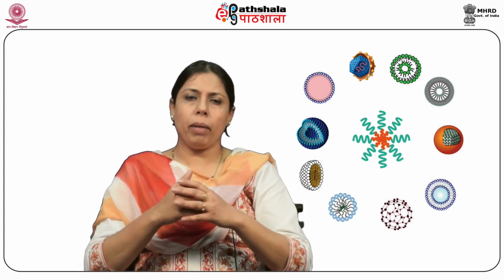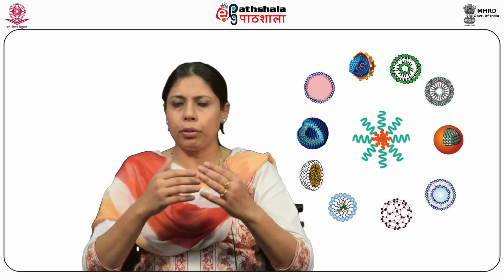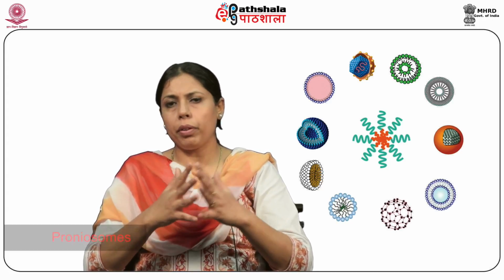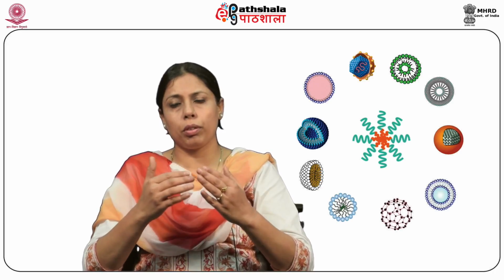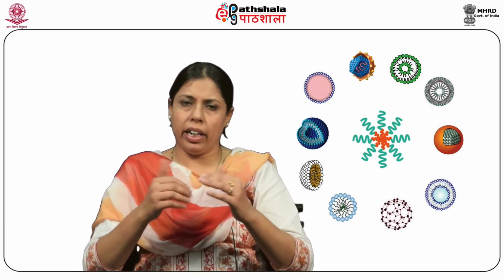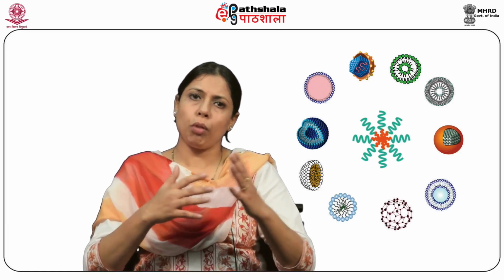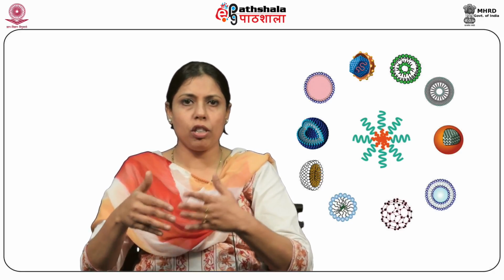Another novel method which is used to make neosomes is the proneosome method. Proneosomes, as I indicated earlier, are in a dry state, so they are more stable. But here, in making neosomes from proneosomes, we have to first make a slurry. Slurry is nothing but a suspension of the components in the solvent.